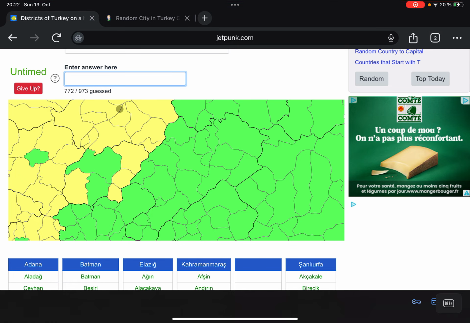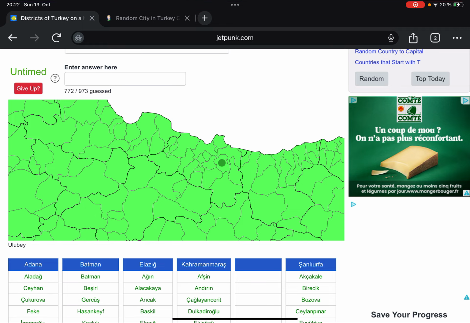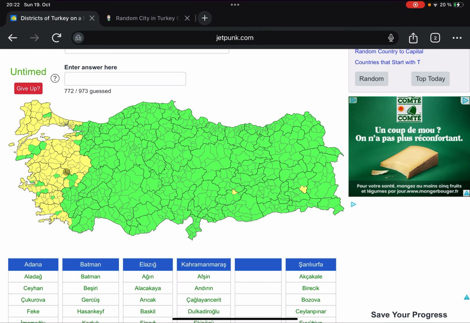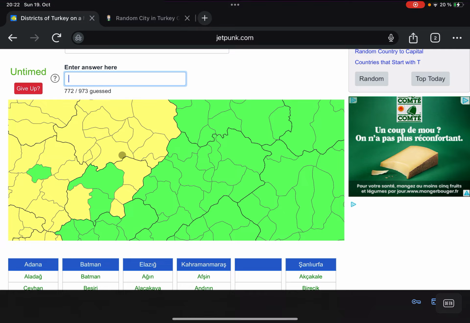Uşak, and of course we already have in green the district of Ulubey, because we named it in Altın Ordu, in the Ordu province, right here, Ulubey. In Uşak province we have Banaz, we have Sivaslı, Karahallı, and Eşme.